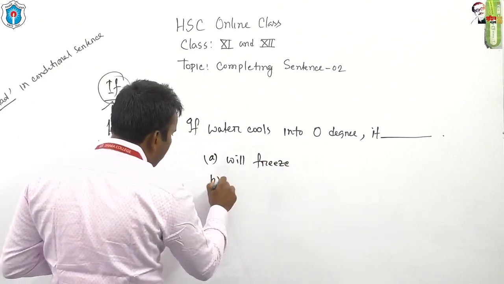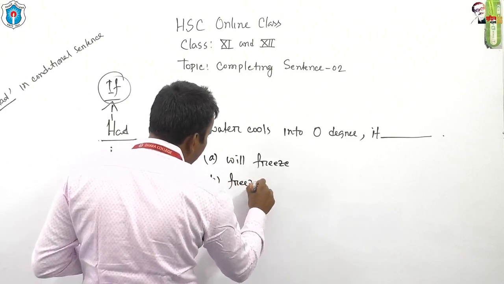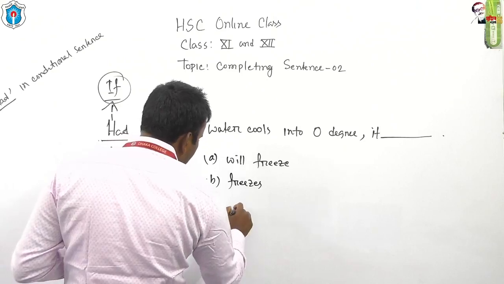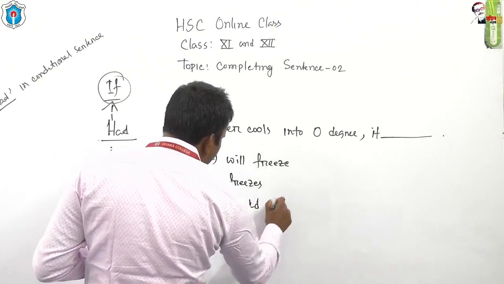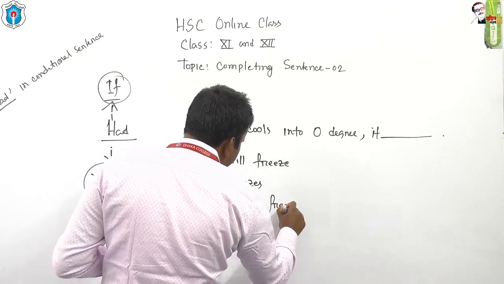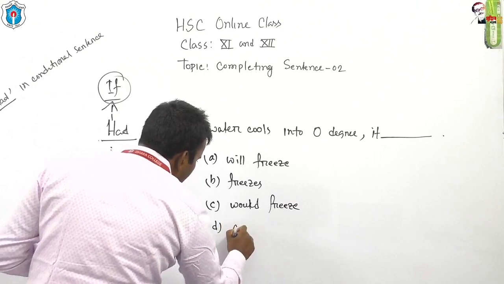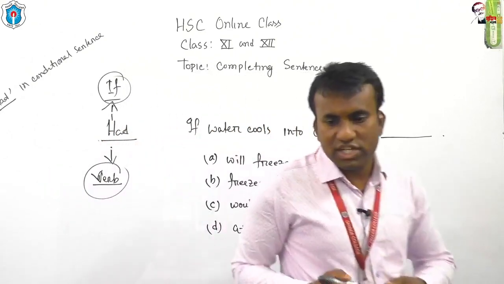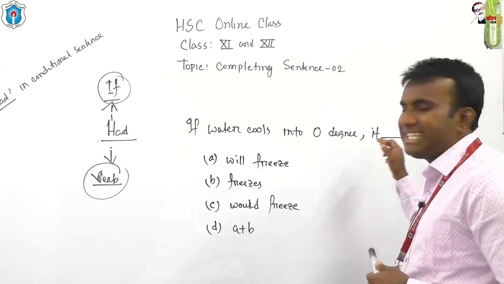Option B: freezes. Option C: would freeze. Option D: A plus B. What should be the answer? If water cools into 0 degree, it dash.